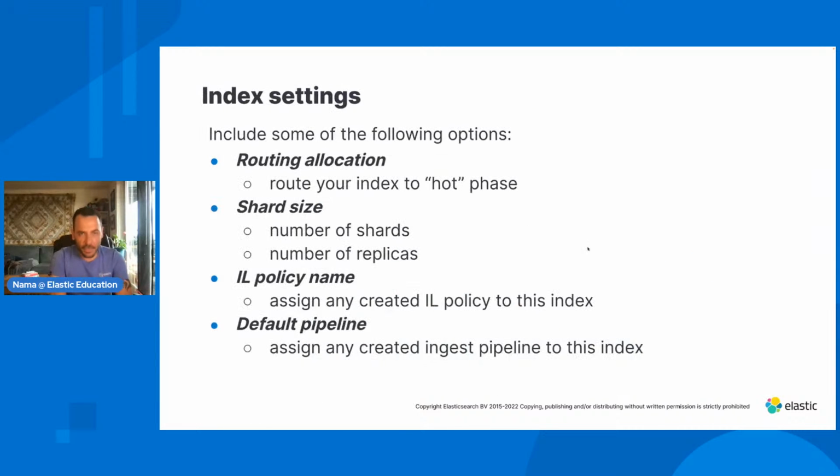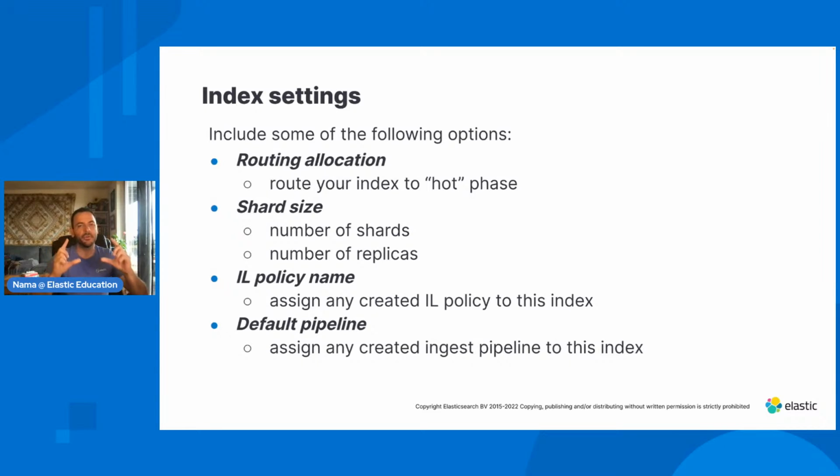So some of the things that we can specify and configure within our index settings. We've kind of gone into this a little bit, but in our index template, we're going to mess around with routing allocation, making sure these go into the hot phase of our index lifecycle policy. Also maybe shard size. I'm not going to go into what your production settings may or should be.